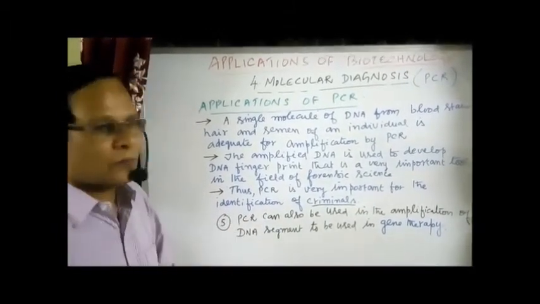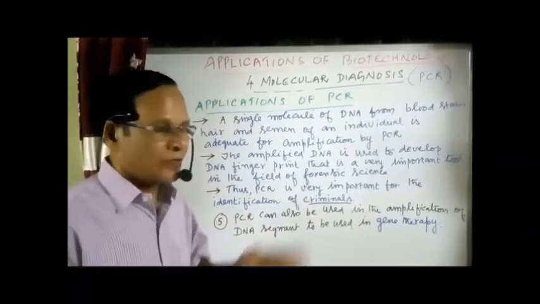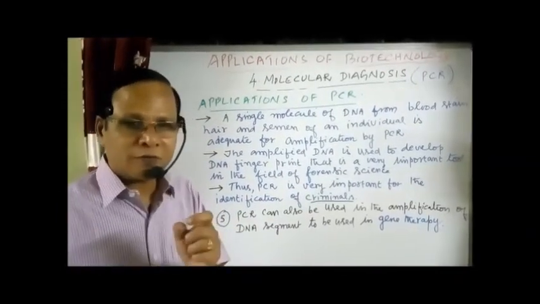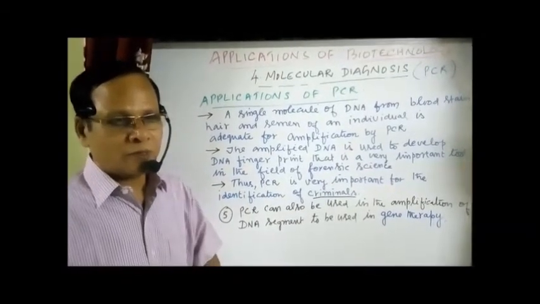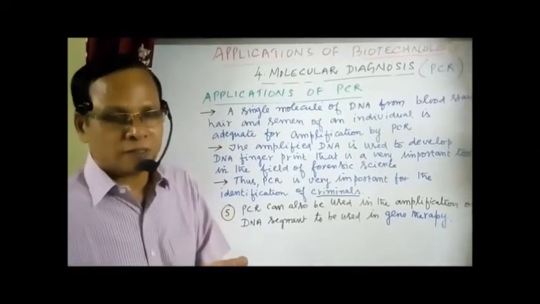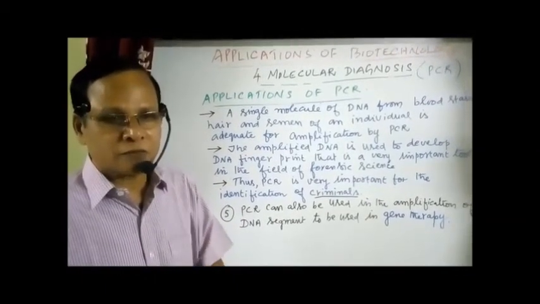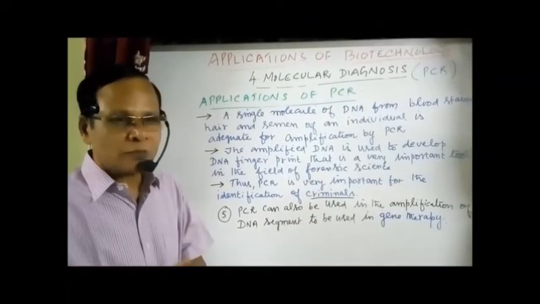The last one, PCR can also be used to amplify a specific DNA segment that can be used in gene therapy. Suppose a particular gene is defective. In gene therapy we replace the defective gene with a corrective gene. That is a specific DNA segment that is to be amplified.